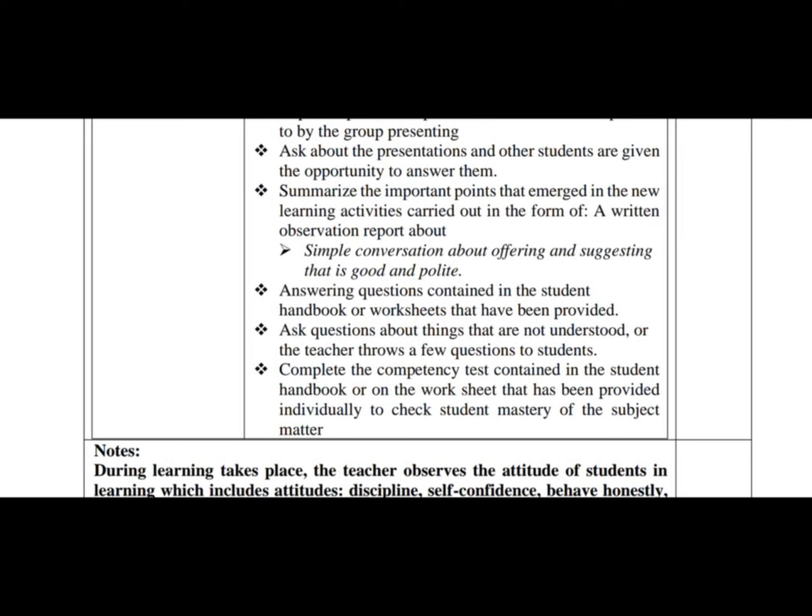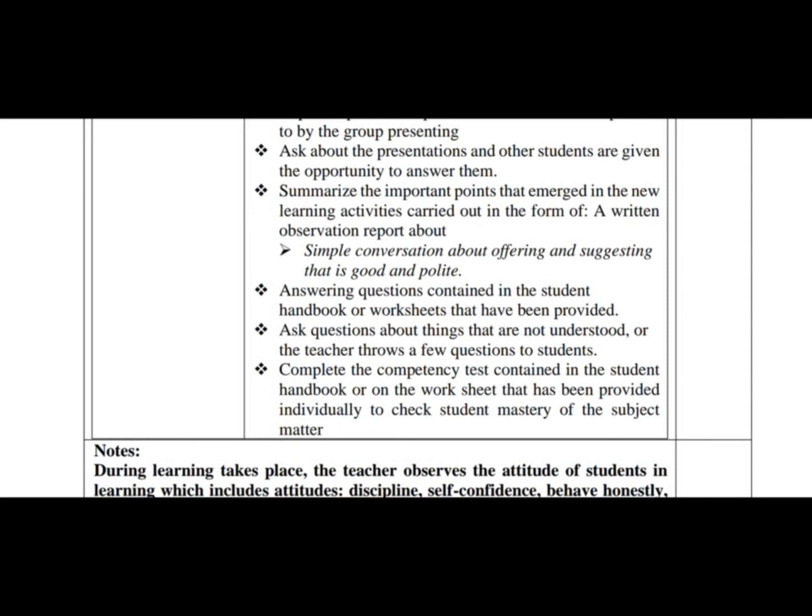Summarize the important points that emerge in the new learning activities carried out in the form of a written observation report about simple conversation about offering and suggesting that is good and polite. Answer questions contained in the student's handbook or worksheets that have been provided. Ask questions about things that are not understood, or the teacher throws a few questions to the students.